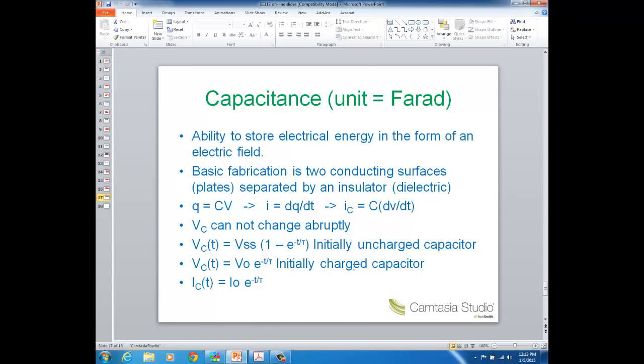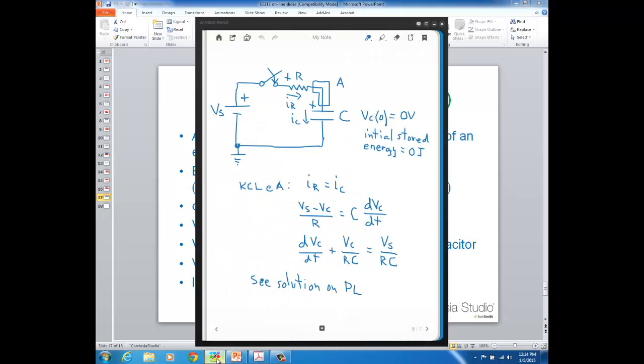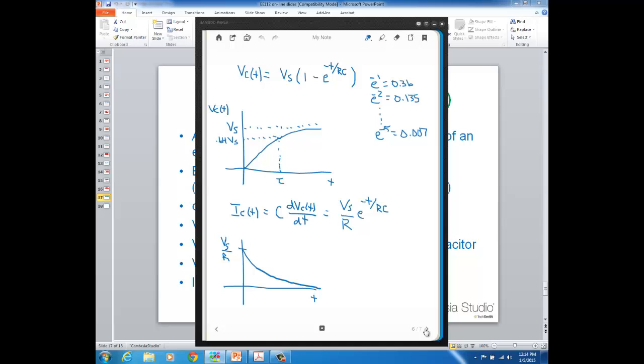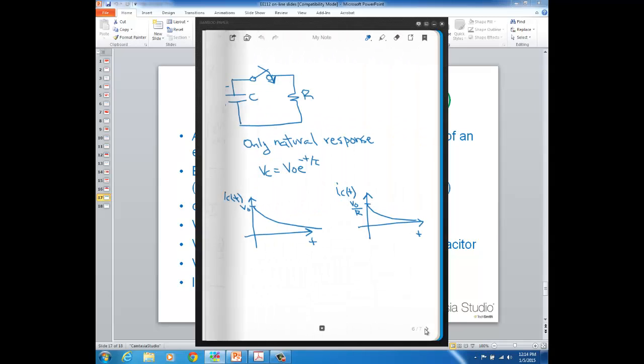Now, the next bullet is when we discharge a capacitor. This is when we take an initially charged capacitor and at t equals 0 connect it up to a resistance. So if we go back to our notebook and look right here, here would be the circuit for a discharge case where the capacitor is giving up its stored energy over time.